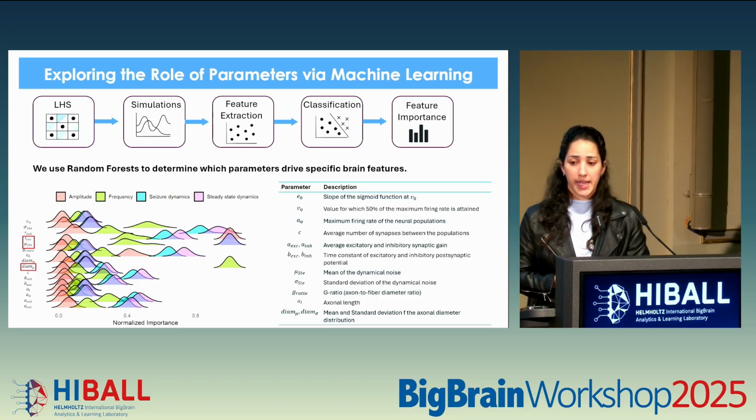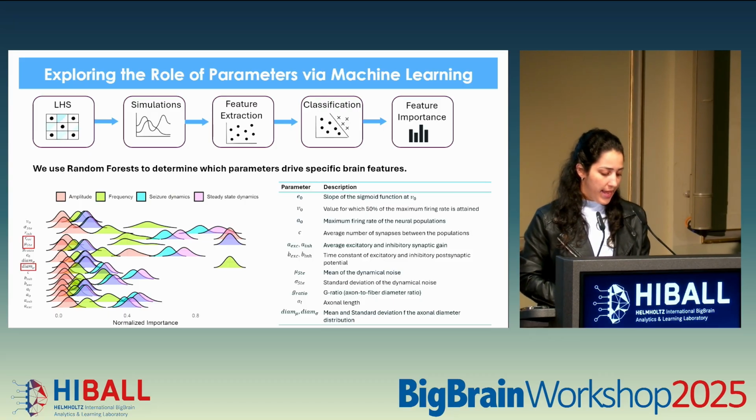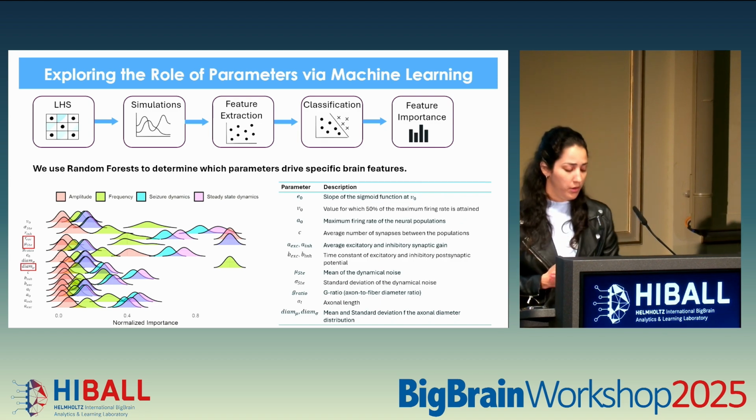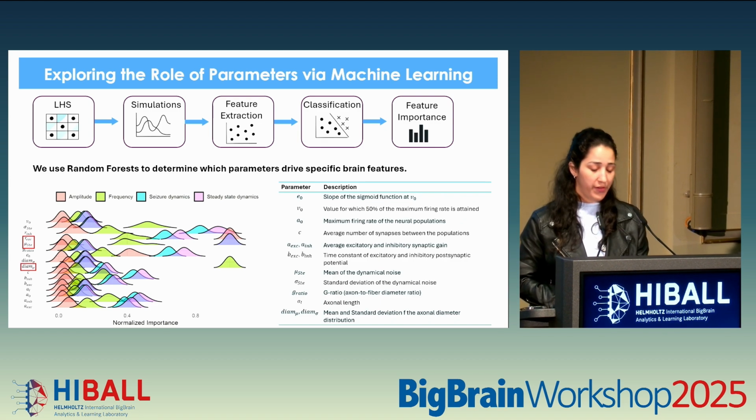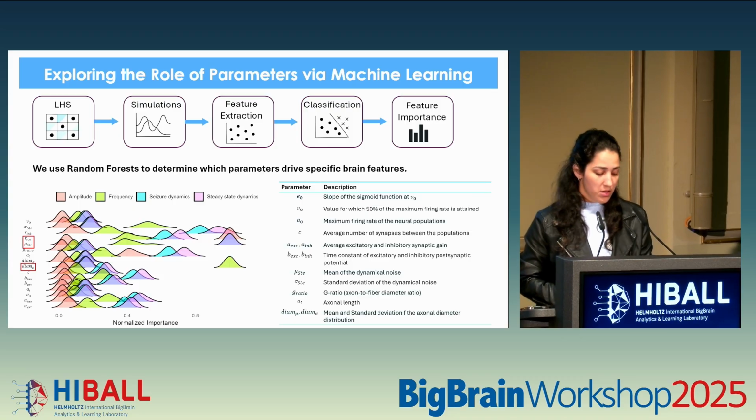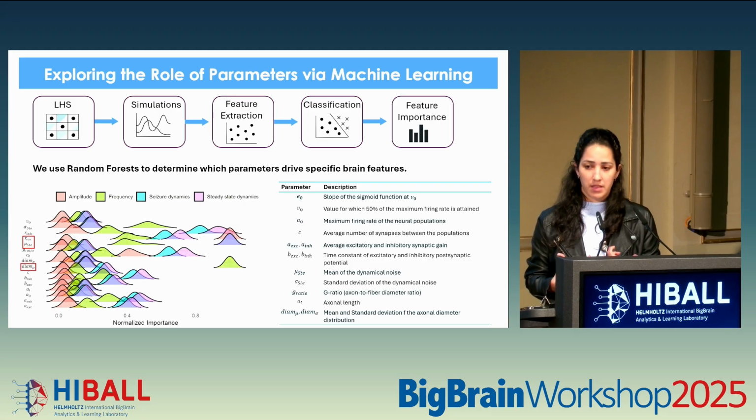But what is interesting here is that the diameter of the axon is quite relevant for the frequency of the system. So it means that a more biophysically informed distributed delay is necessary for a good representation and modeling of brain dynamics.